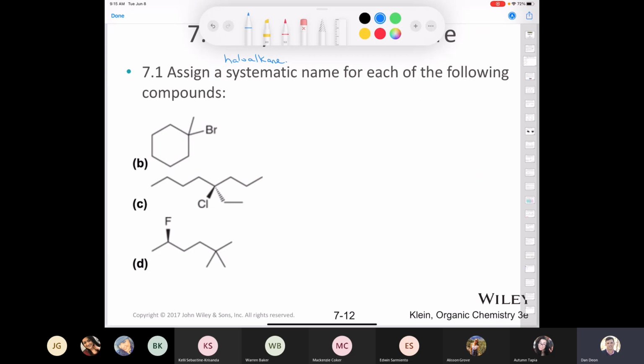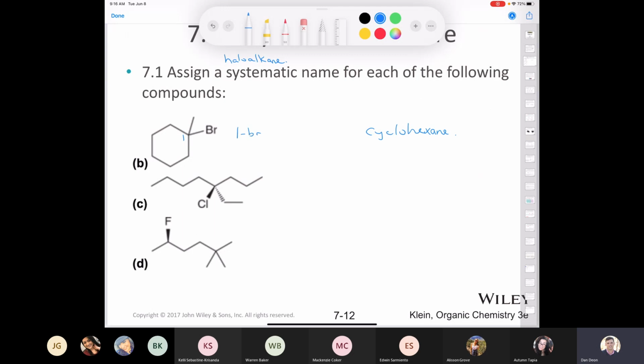Well, if we look at B, you can see the longest carbon chain has what? 1, 2, 3, 4, 5, 6 carbons. So this is some kind of cyclohexane. You can scribble that down. I like to write down all my thoughts here. Cyclohexane. And we've got a methyl group and a bromine, and they're both on the same carbon. Bromo is going to come before methyl, so it's a 1 bromo, 1 methyl cyclohexane.